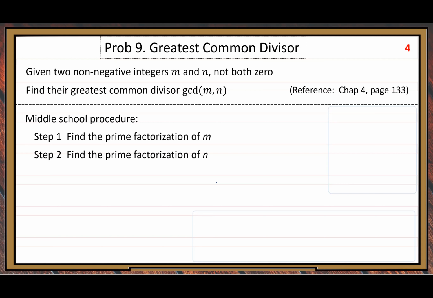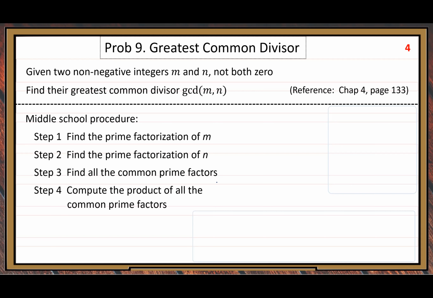After that, step 3, find all the common prime factors between m and n, by your eye observation. Then the last step, compute the product of all the common prime factors. Actually, each factor is a power of a prime number.